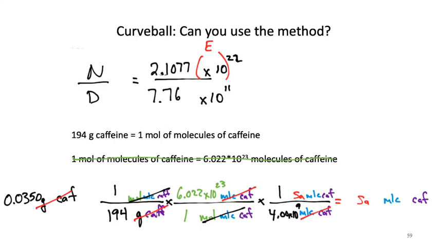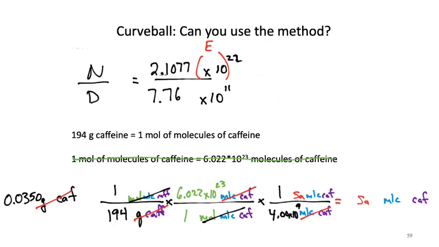Wow, that one wasn't quite as good. 7.76 times 10 to the 11th. Now what do you do? Now you'll enter this top one, and you'll divide by the bottom one. And you can enter that into your calculator.